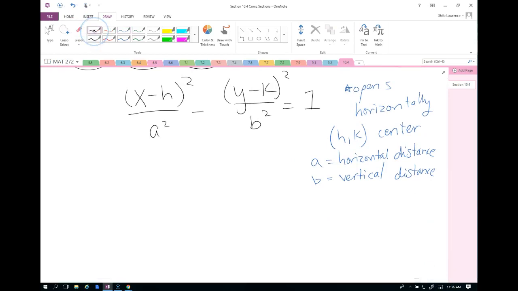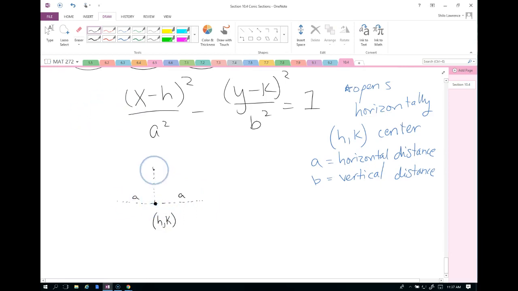When we put all of that together, and I'm not going to draw axes since I don't actually have point values here, here's my h, k. From this point, I can go horizontally a to the right and to the left.